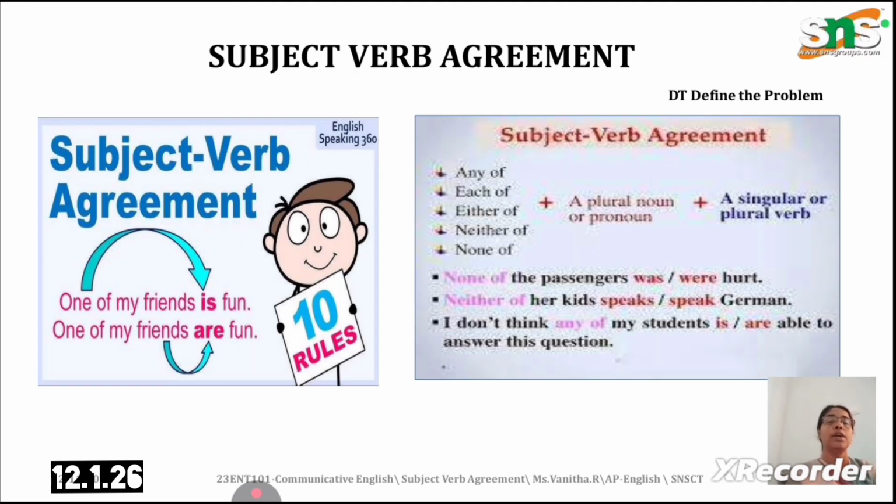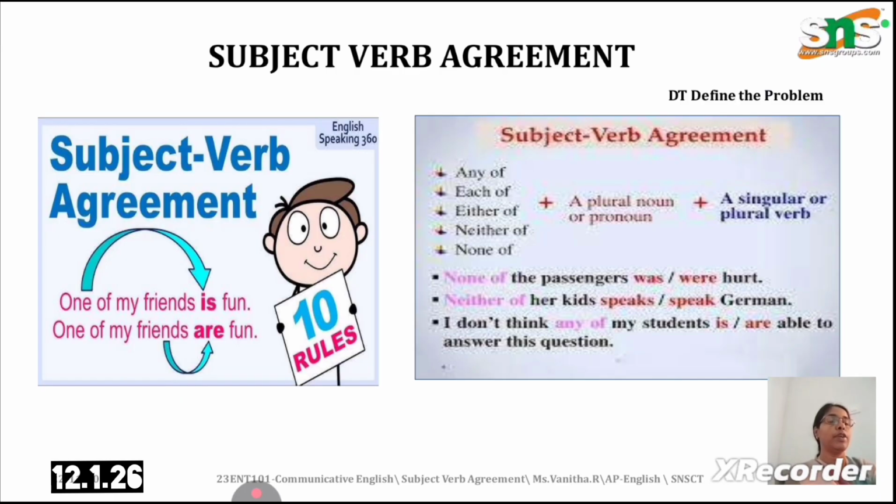Now coming to subject-verb agreement, you have many rules, and we have discussed only the basic rule, that the subject agrees with the verb in singular or plural form. The basic rule is that, and the second rule is the use of and, the combination.